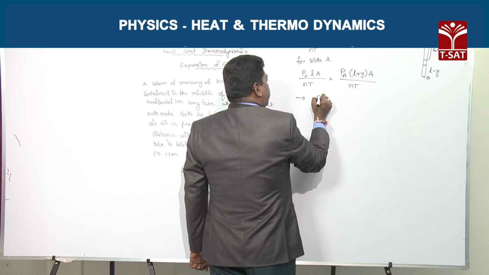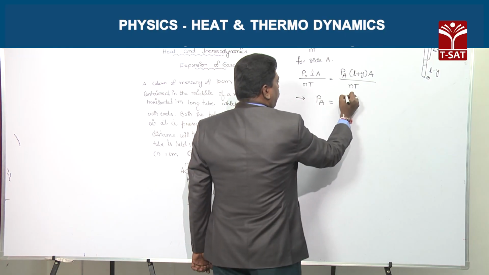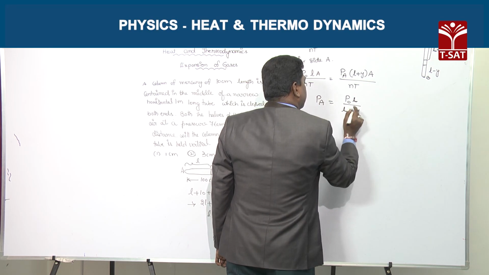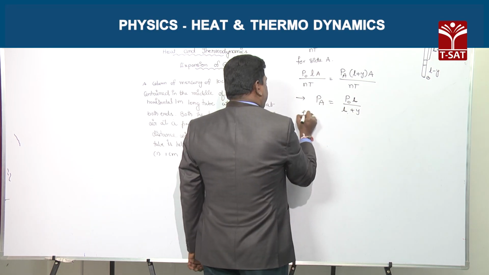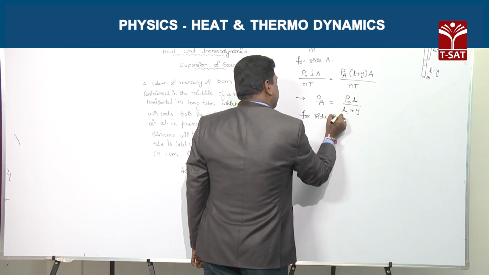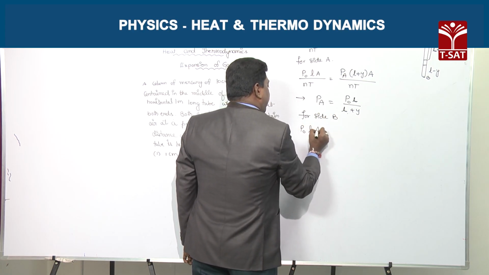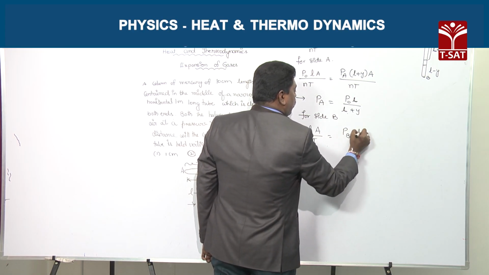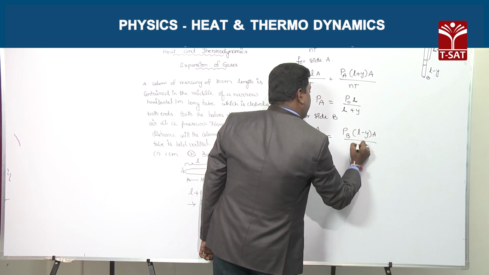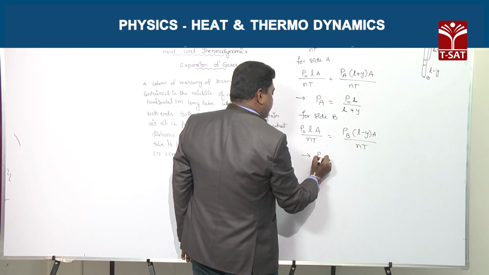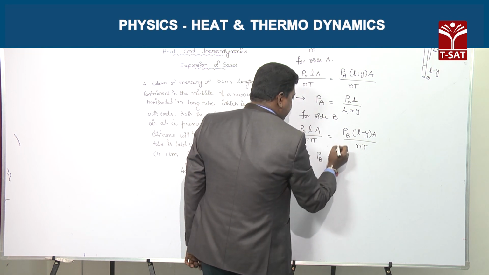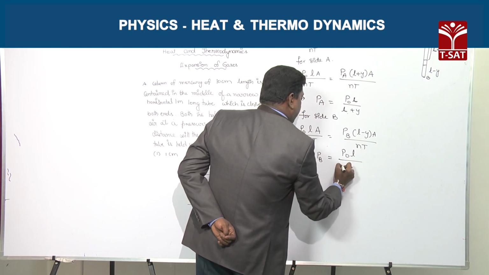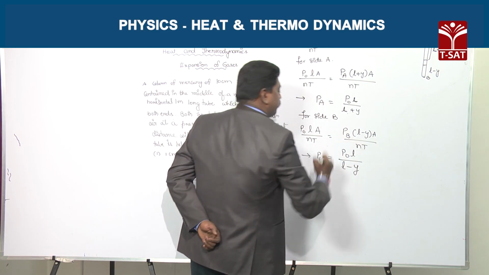From this, PA equals P naught L by L plus Y. For side B, P naught L into area of cross section A by nT equals PB into L minus Y into A by nT. From this, PB equals P naught L by L minus Y.